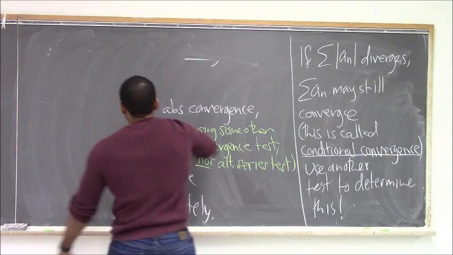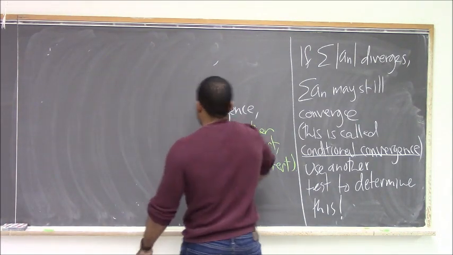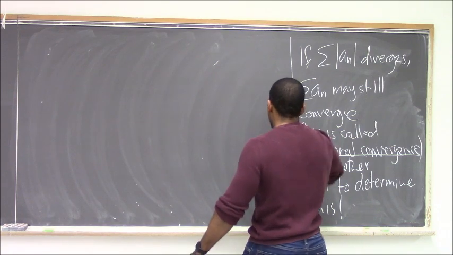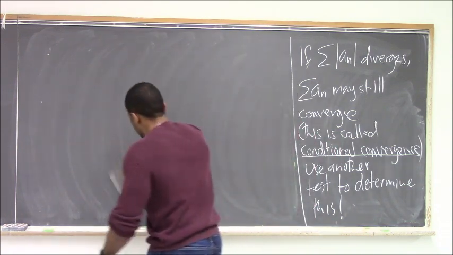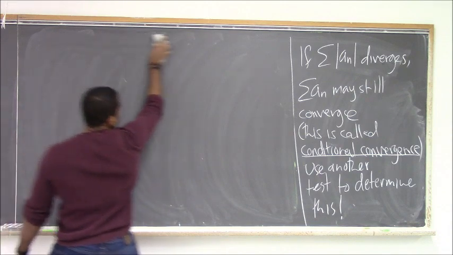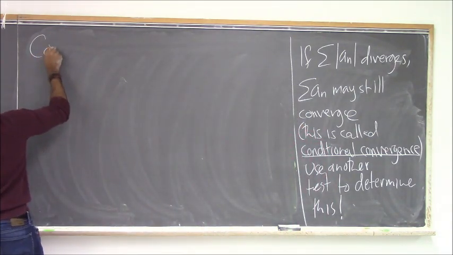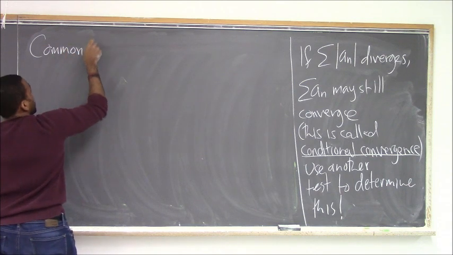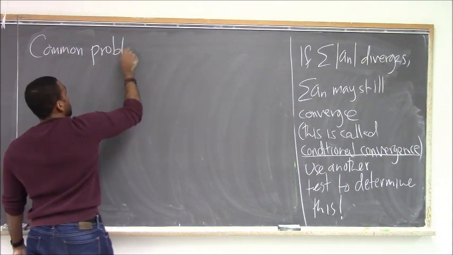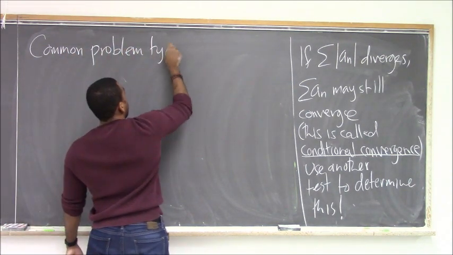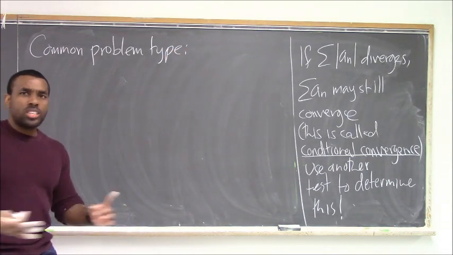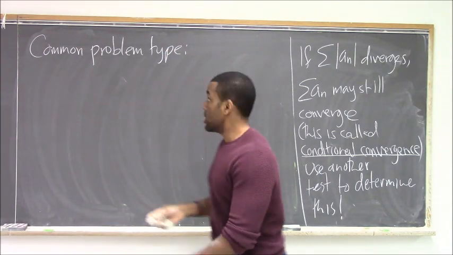What I want to do now is to mention a certain very common problem type and how you want to approach that problem type. So, common problem type. The wording is going to be very similar to this.